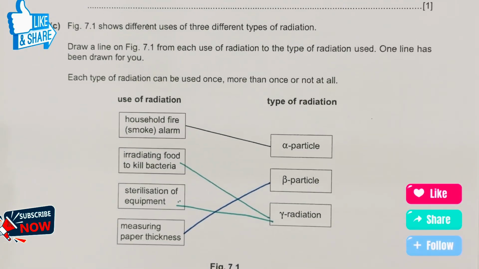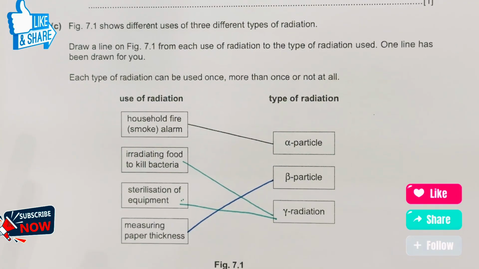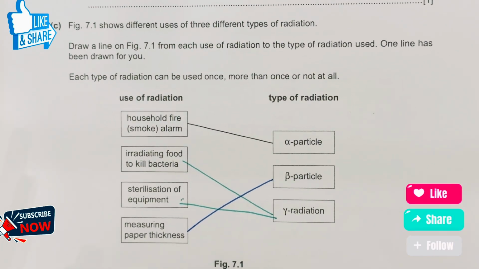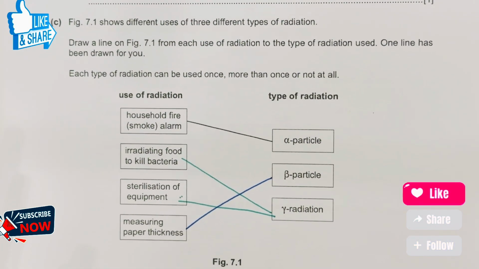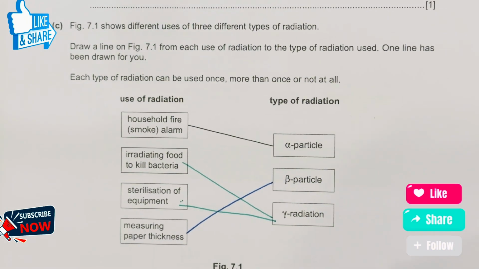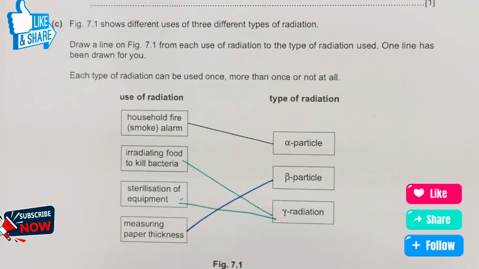Moving to the next part, figure 7.1 shows different uses of different types of radiation. Draw a line on figure 7.1 from each use of radiation to the type of radiation used.